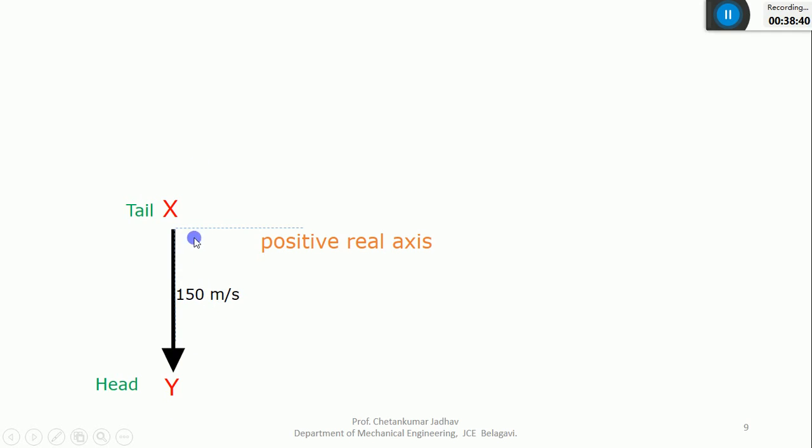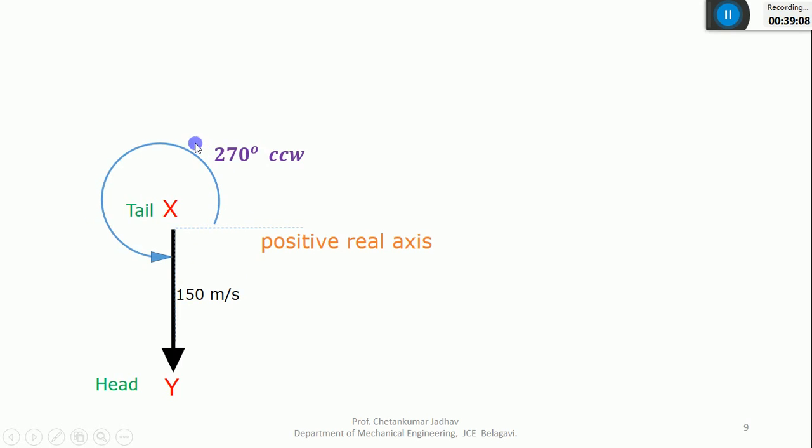Okay. The total is 360, right? Total angle is 360. As per the rule, always you have to start from the tail of the vector and positive real axis, correct? So this is my reference always. So with respect to this, how much it is? I know this is a 90. Total is 360. 360 minus this 90, you'll get 270. 90, 180, 180 plus 90, 270, correct?